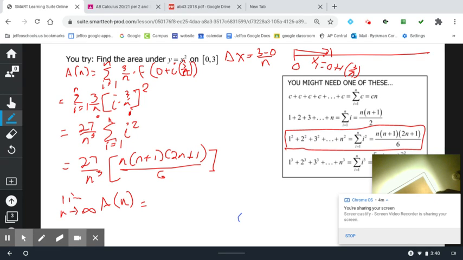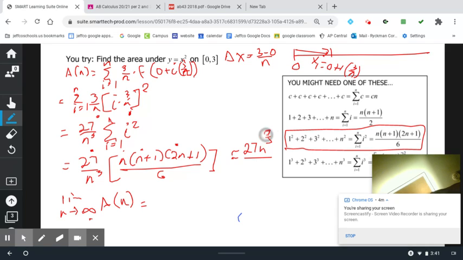Now, remember for end behavior, which is the kind of limit you do when you have an infinite limit, you focus on the greatest power in top and the greatest power in bottom. Now, if you're thinking, can I do a lot of canceling? Sure, you can, and if you want to, go for it. Me, I just look at the lead terms. The top would be 27 n to the third if I distributed out all the lead terms.